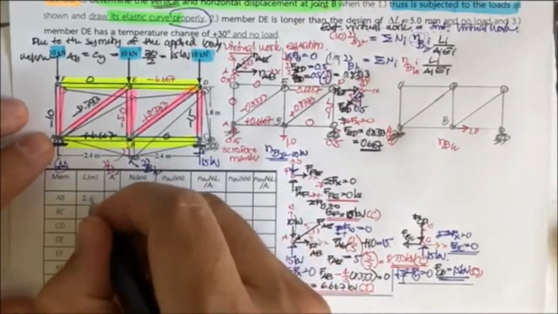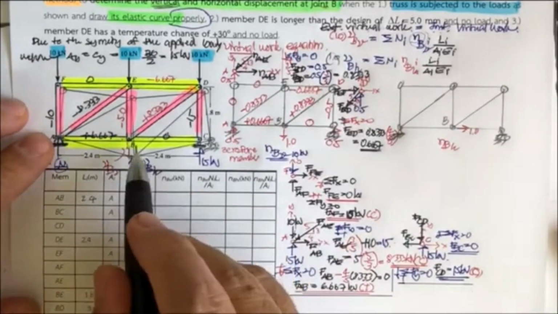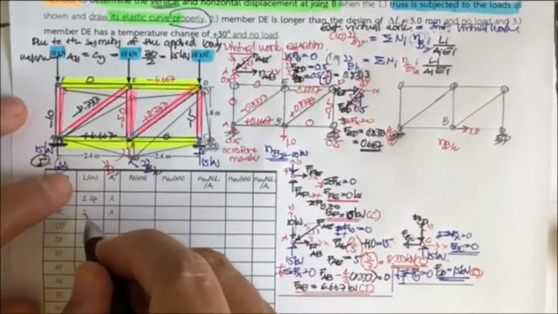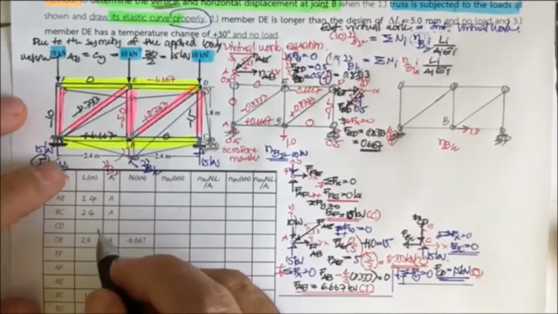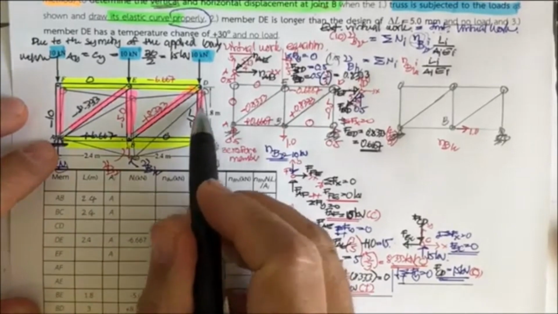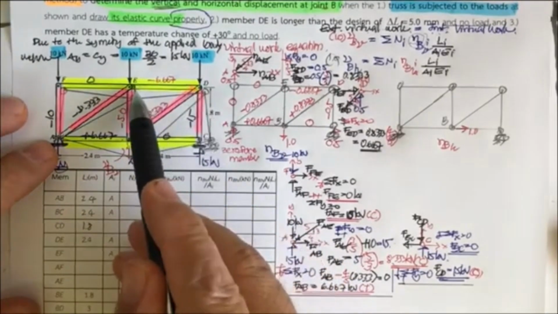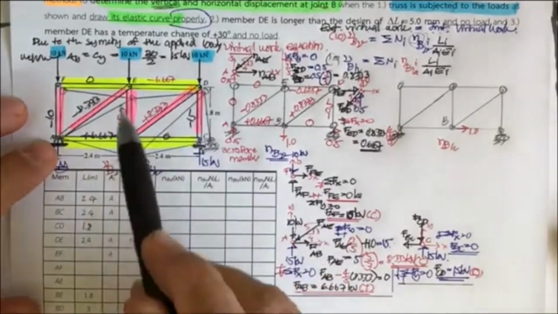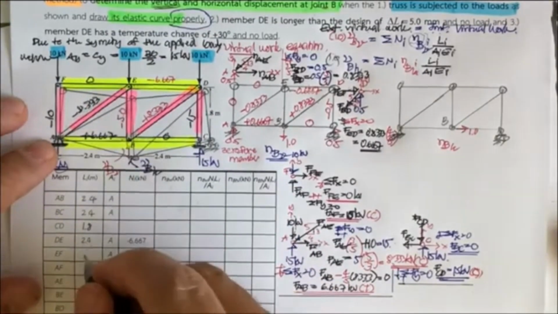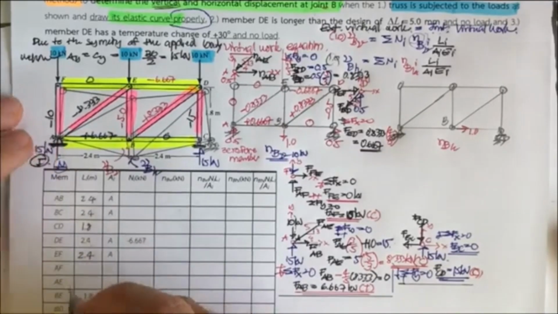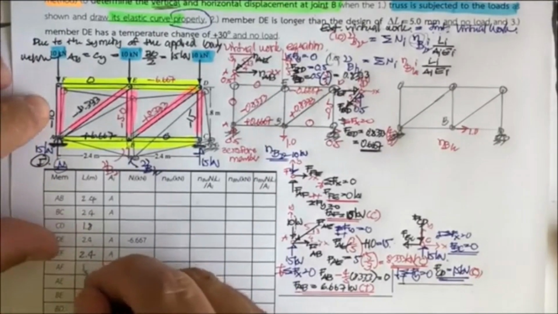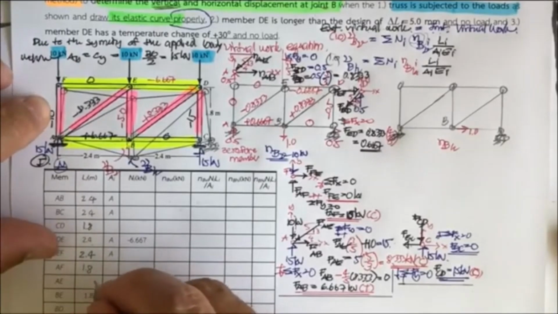BC is 2.4. CD is 1.8. And DE is already given. EF is 2.4. And AF is 1.8.